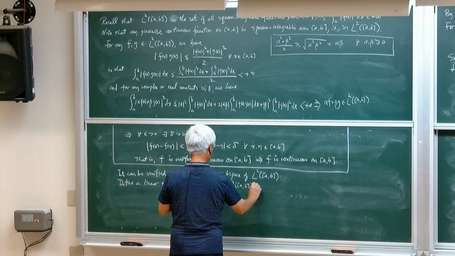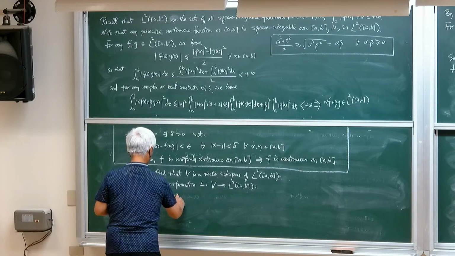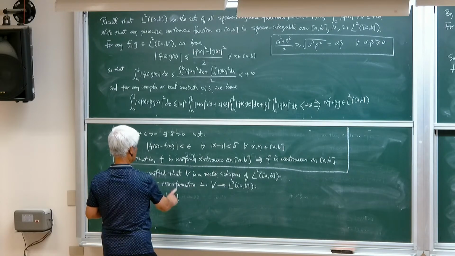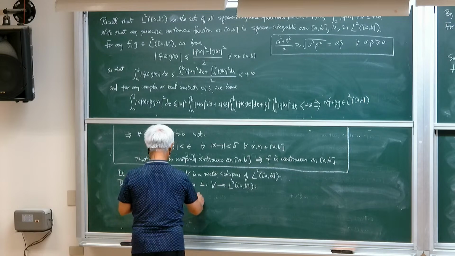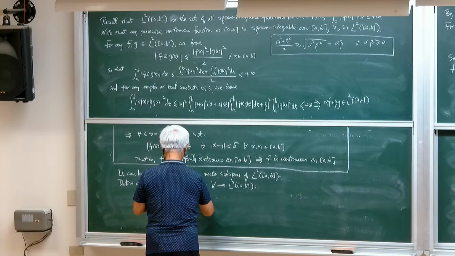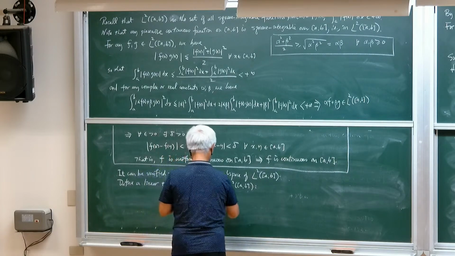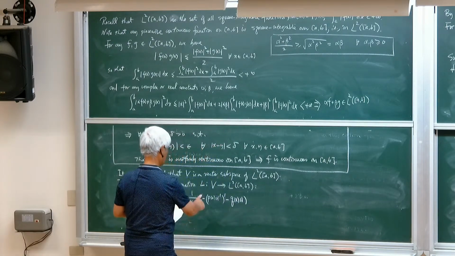L will transform u, where u is a function in V, in the following way: 1 divided by r of x, times minus p of x u prime, minus q of x u.